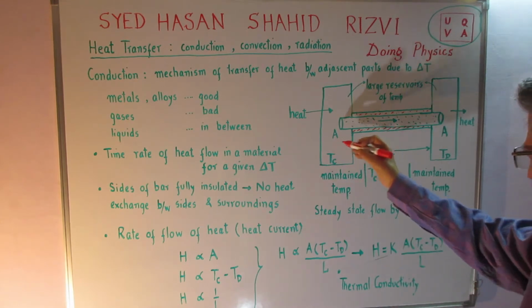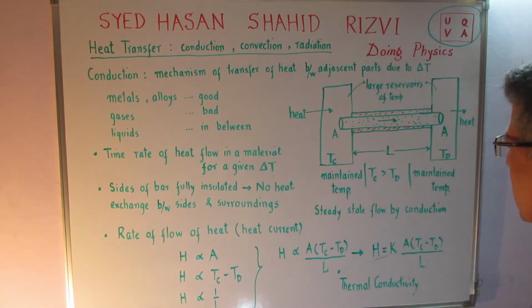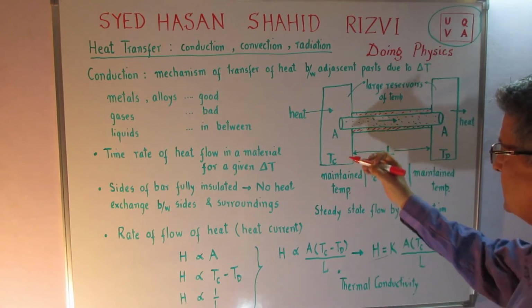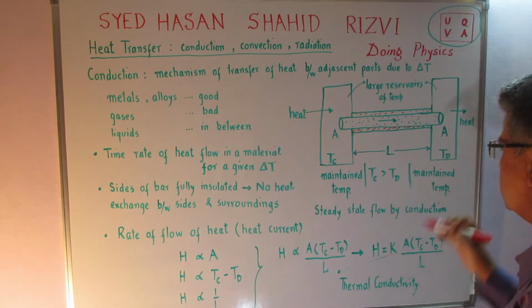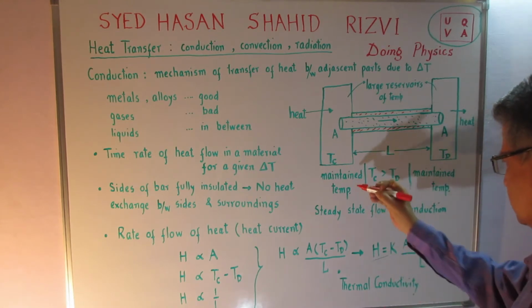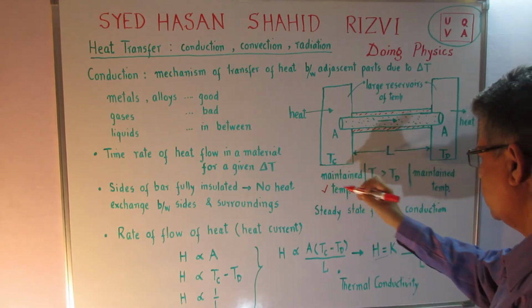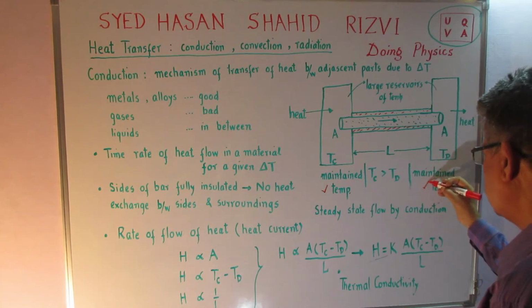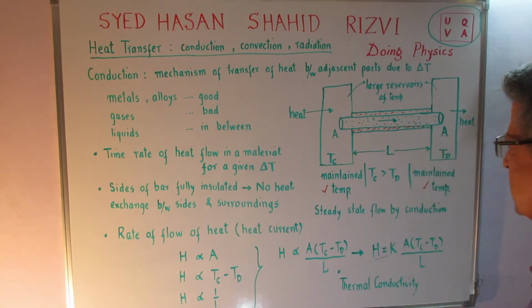The area of cross section is the same. These are large reservoirs maintaining the temperatures Tc and Td respectively, which I have written. The temperature is maintained over here and also over here, and Tc is greater than Td.